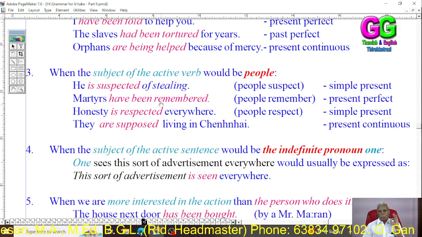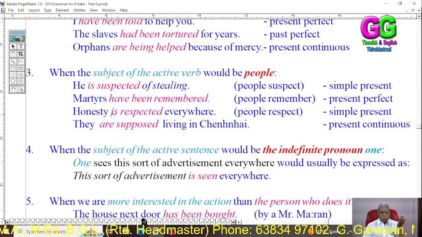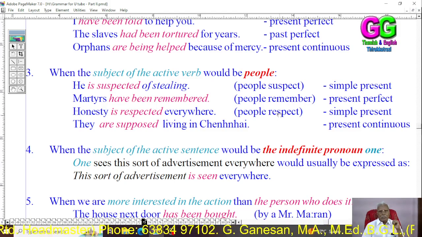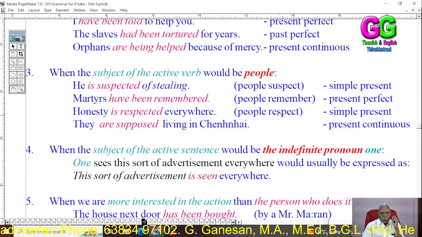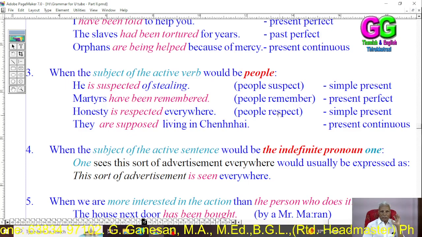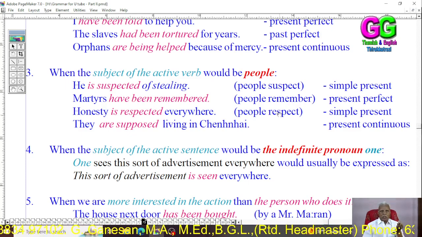Martyrs have been remembered by people. People respect honesty, so it is better to express it in passive voice. Honesty is respected everywhere.